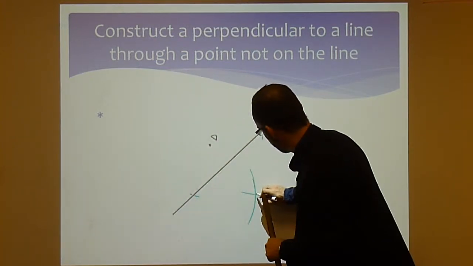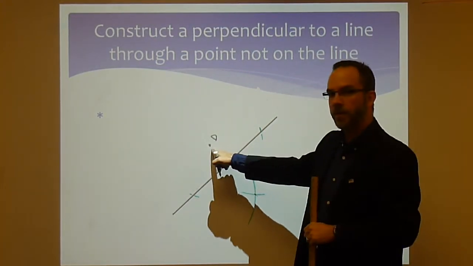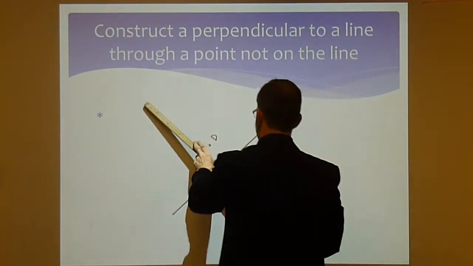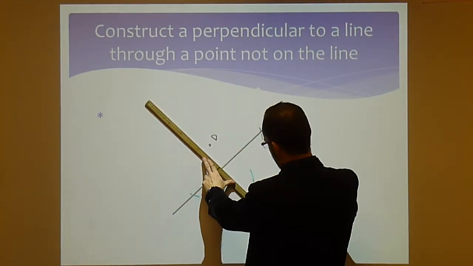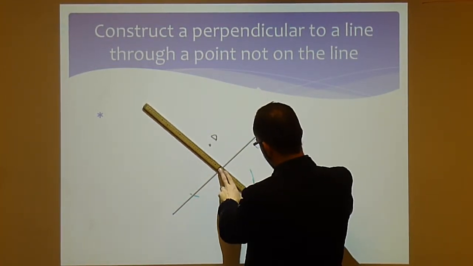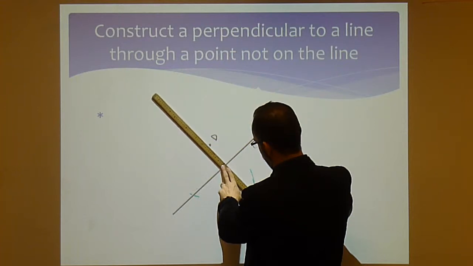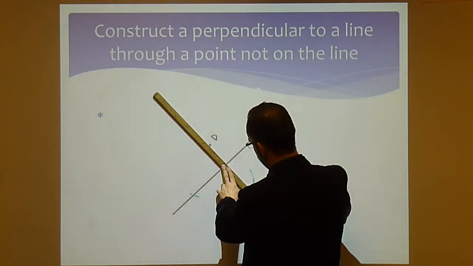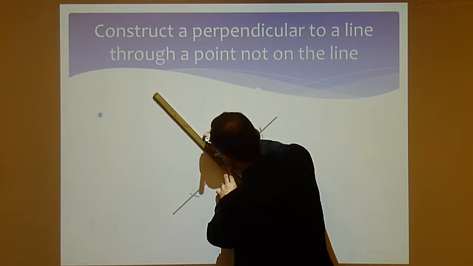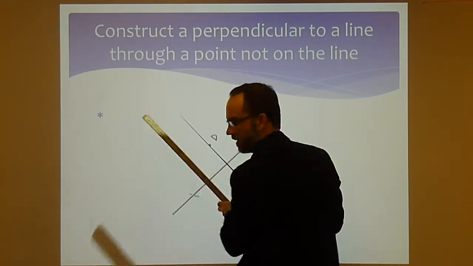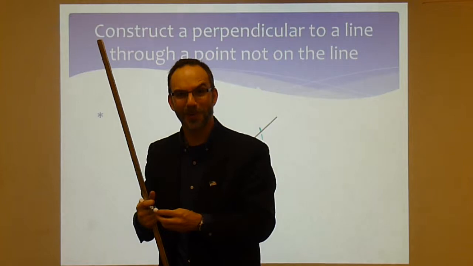And what I really want to do now is connect this location with D. So, instrument down, ruler against the instrument, match the spacing, draw through. Oh my goodness, I missed. I'm embarrassed.